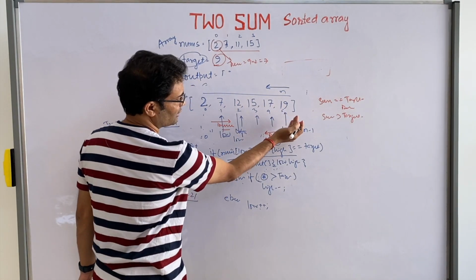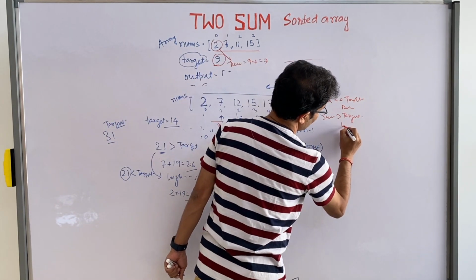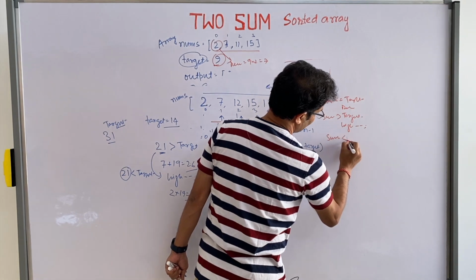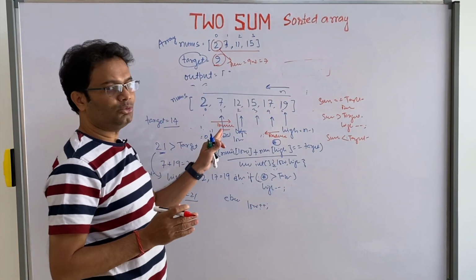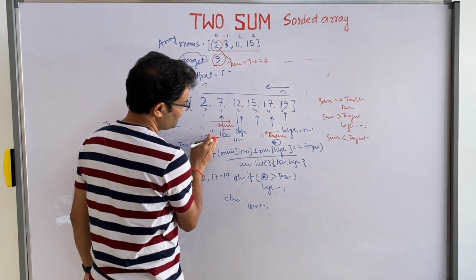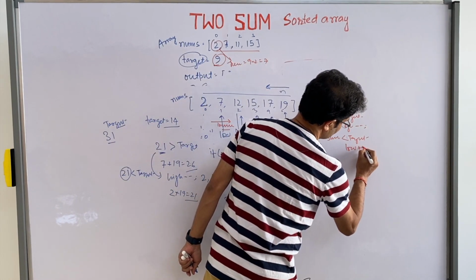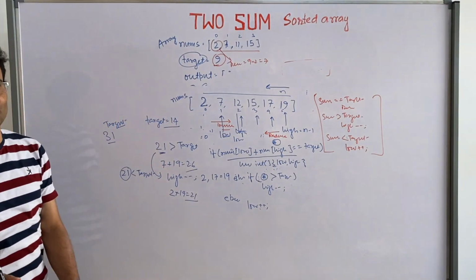Because this is in sorted order, you have to move the high toward the left, so it will be high minus minus. In the other condition, if your target is more and you have to increase the sum, how do you increase? You move the row from left to right. In that case, you increase this. These three conditions you have to think about, and you will find it out. We will see in the code. Thank you.